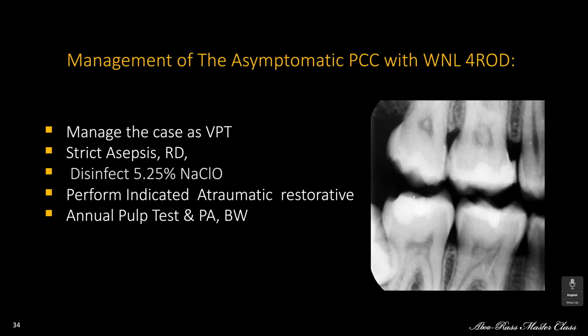and then place the patient on annual recall. In this annual recall, you do a pulp test and clinical examination, meaning a vitality checkup, to be sure the pulp is responsive to cold test only. This is conservative dentistry.